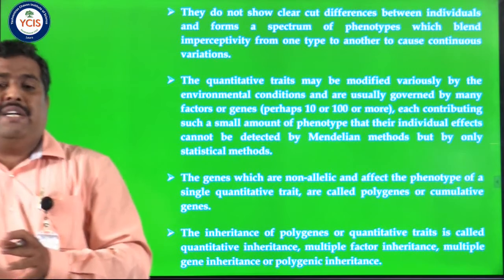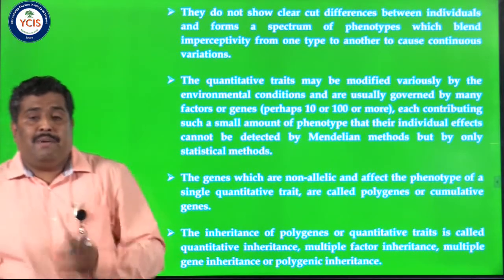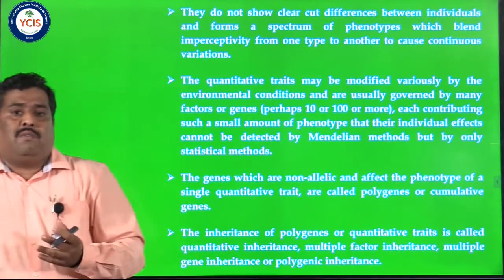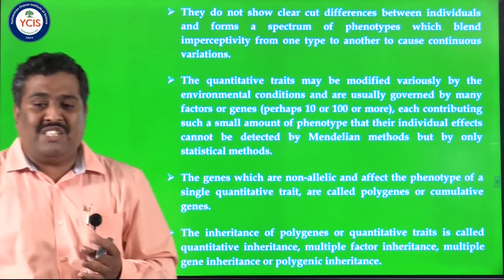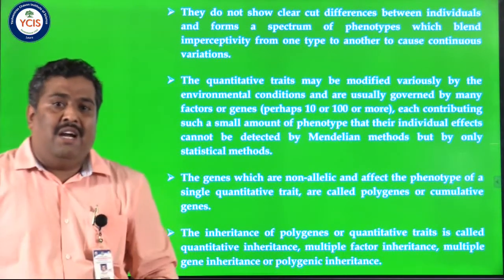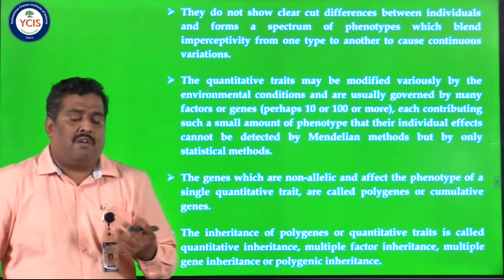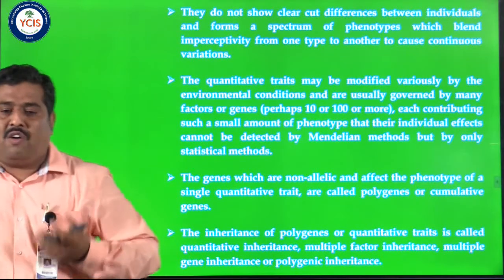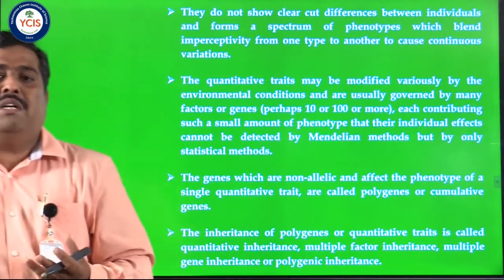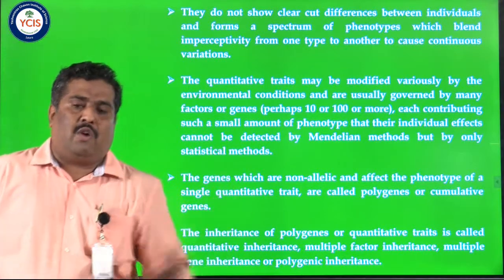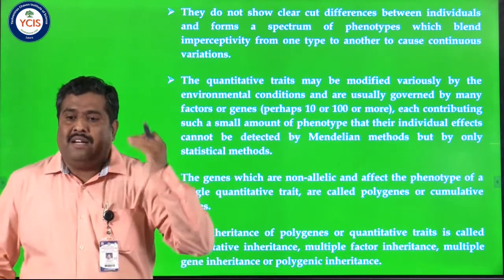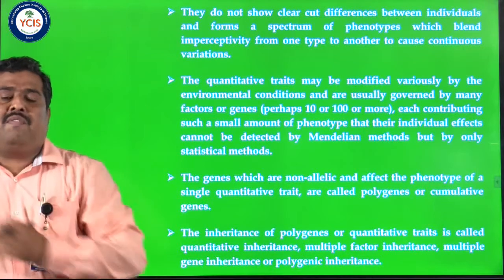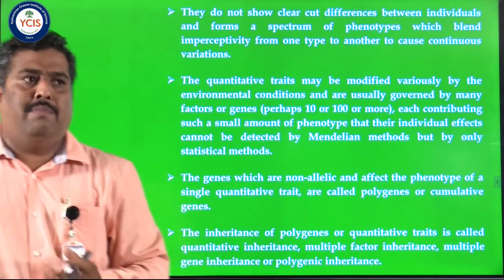The quantitative traits are very much influenced by the environment. For example, if drought conditions happen, then the yield of the crop plant is reduced, or if a high temperature stress is there, or the temperature of the environment where the crop is grown increases, then definitely the yield of the crop plant will be hampered.